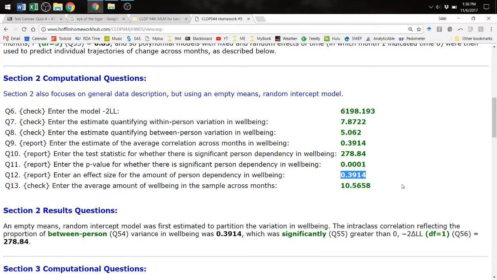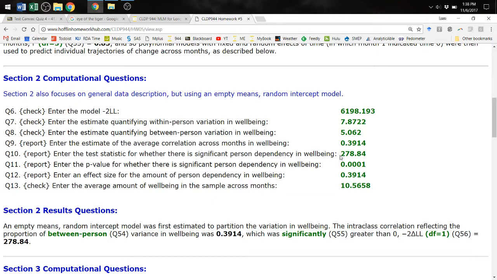I asked for a significance test as to whether or not we had a significant random intercept variance, right? So you can tell me with a likelihood ratio test, that gets spit out by default in SAS as well. The test statistic for whether there is significant person dependency. So significant person correlation, that's the intraclass correlation.